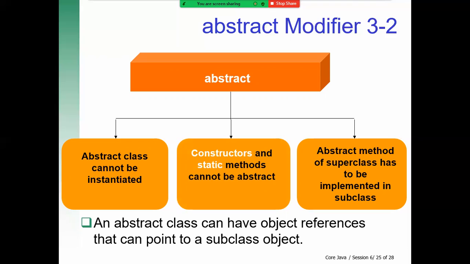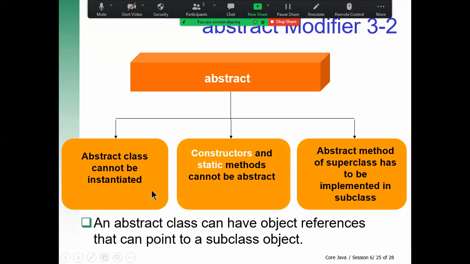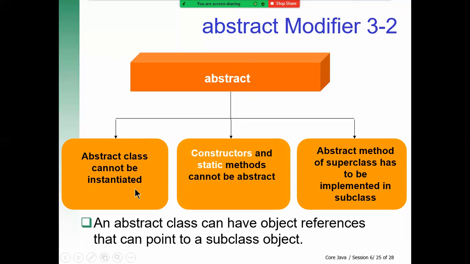Here is the explanation. The abstract class cannot be instantiated. That is, you cannot create an instance of the class. Why do we use constructors? We use constructors for initializing the variables and all that. When you cannot create an instance of a class itself, what is the use of constructors? You don't use constructors at all.